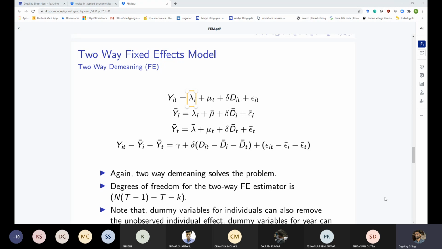Similarly, you can think of fixed effects which vary only over time but do not vary across individuals. And what would those things be? Those things may be macroeconomic aggregate shocks. So, for example, COVID, this pandemic, is an aggregate macroeconomic shock.